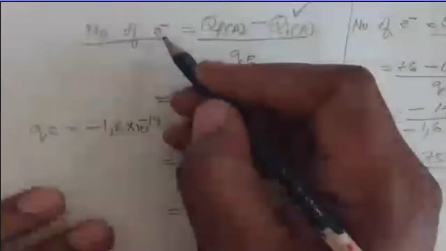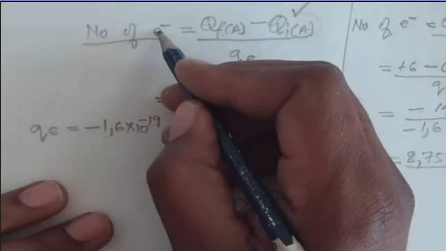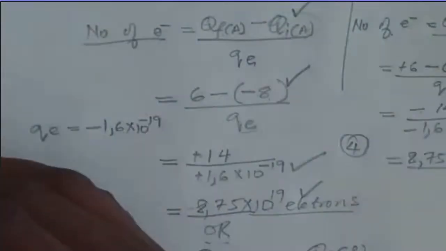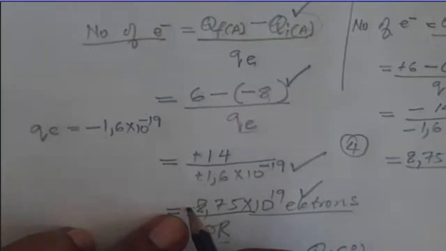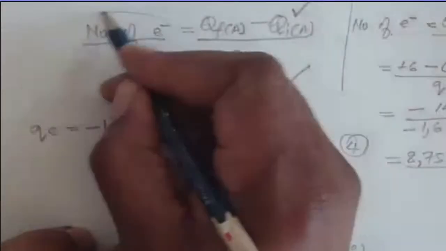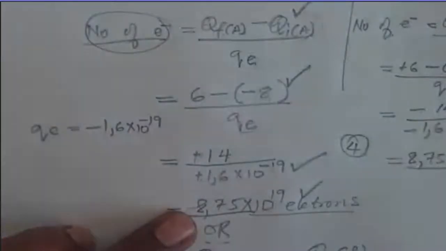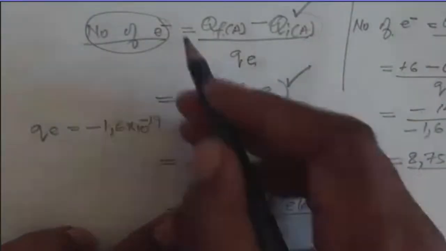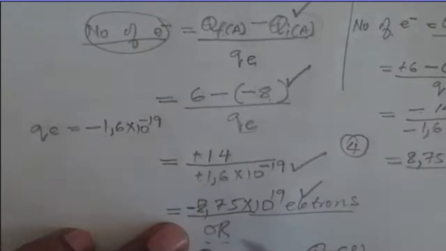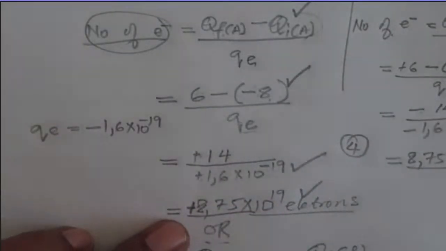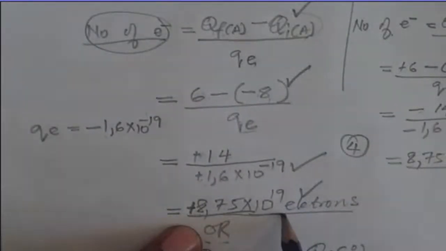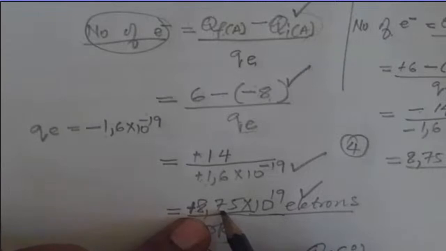It doesn't mean that because it's an electron it must be negative. No, we want the number of electrons, not to indicate that it is negative. We just look at how many are transferred.